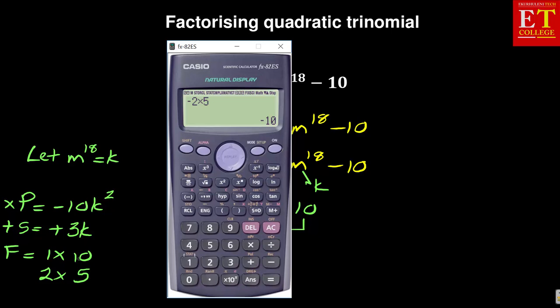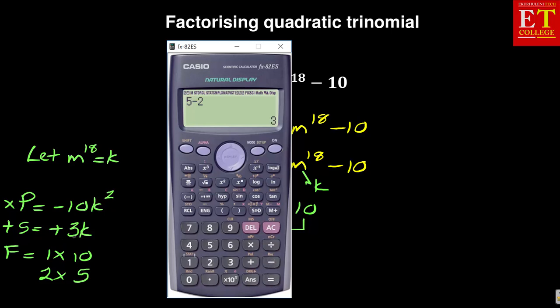But the tricky part is the sum, whereby the sum must be a 3. So 1 and 10 cannot give me a 3, but between 2 and 5, I can get a 3. If I say 2 minus 5, I'm getting a negative 3, but if I say 5 minus 2, I get a positive 3.